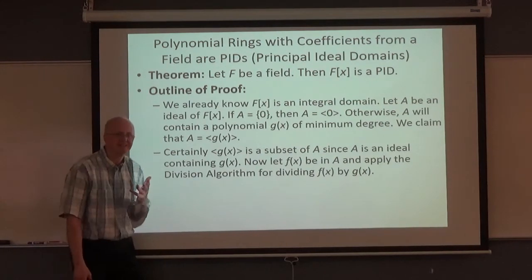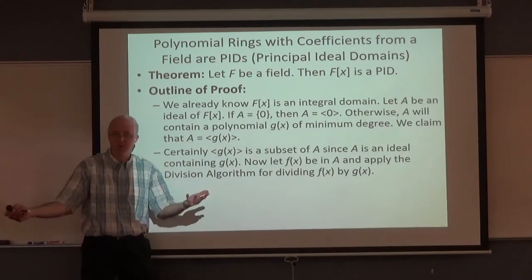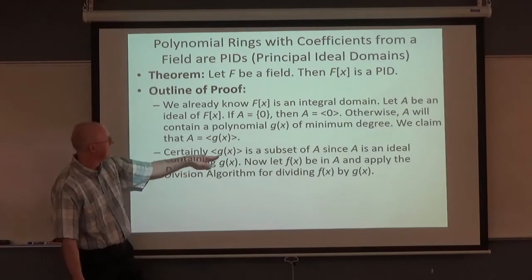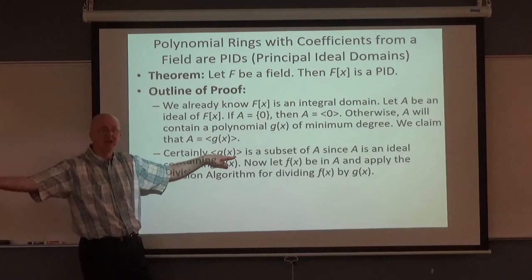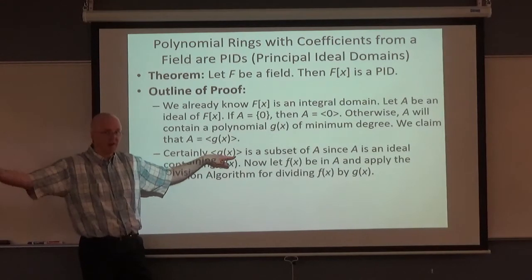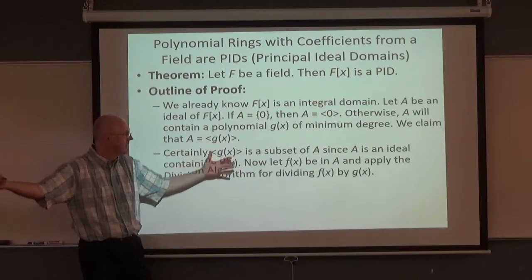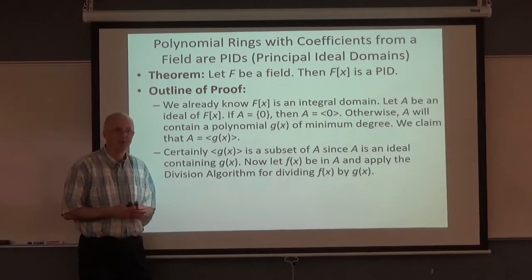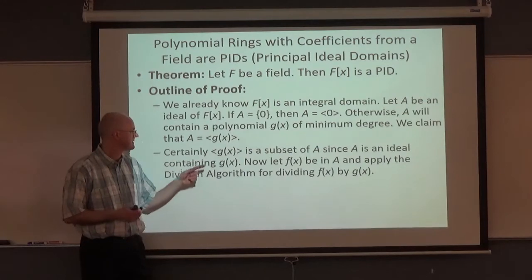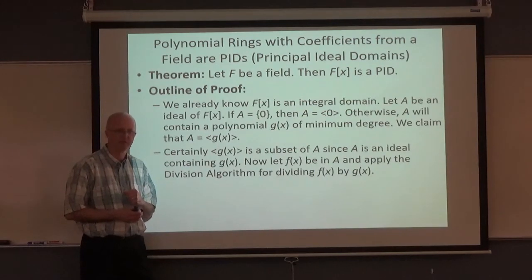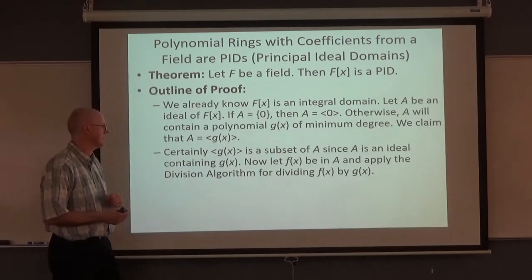Since A is an ideal, it's again super-closed under multiplication. Anything in here is something in the ring times g(x). That arbitrary thing in the ring times g(x) is going to be in A, because A is super-closed under multiplication. So this definitely is a subset of A. Now you can think in terms of set inclusions, but it is a pretty quick verification.